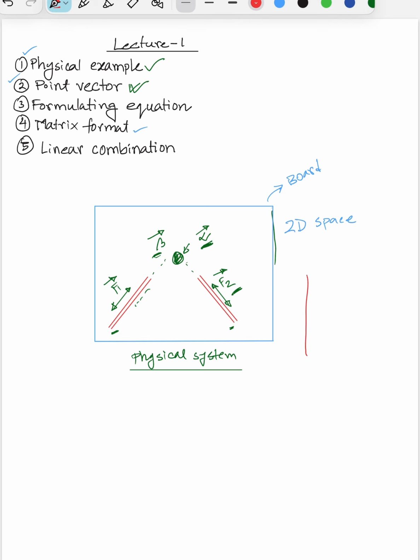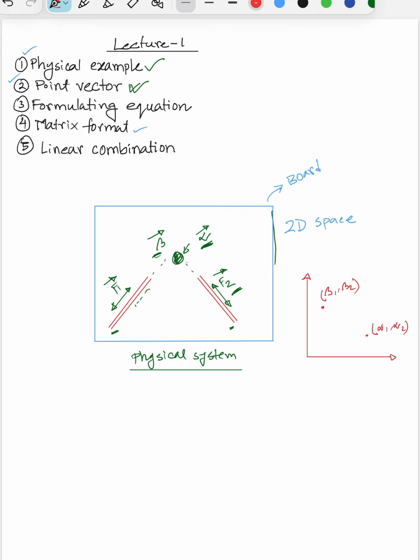Let's draw this coordinate system where we have this one as alpha 1, alpha 2, beta 1, beta 2. This is a point, this is a point. So what does it mean?